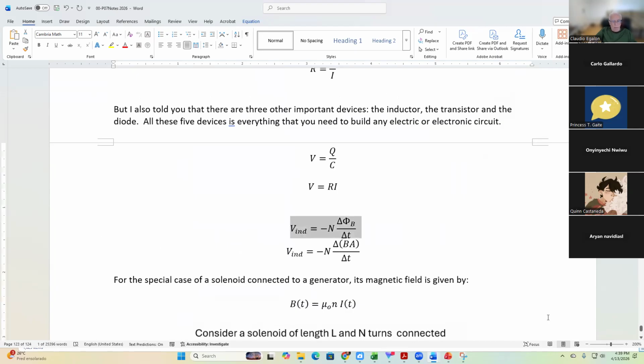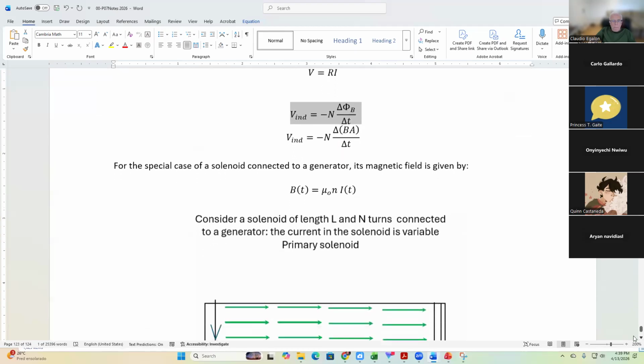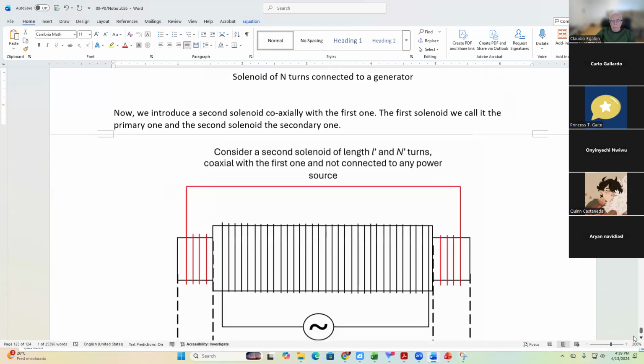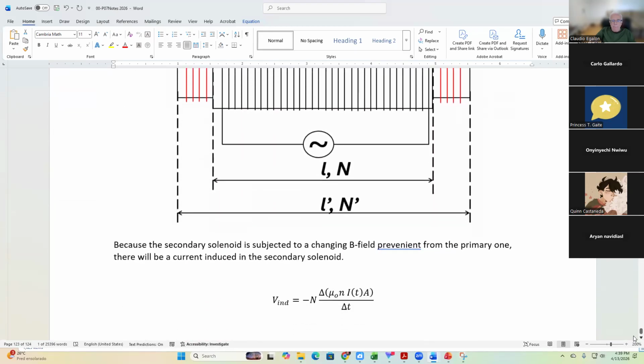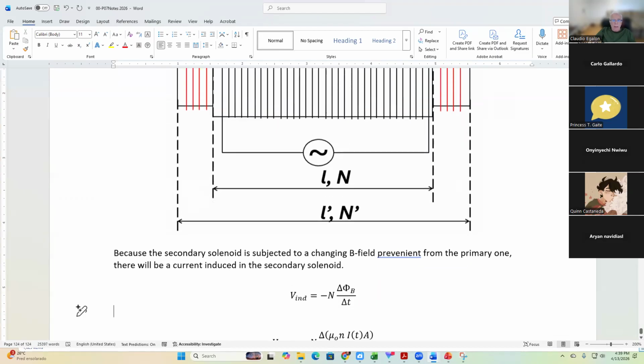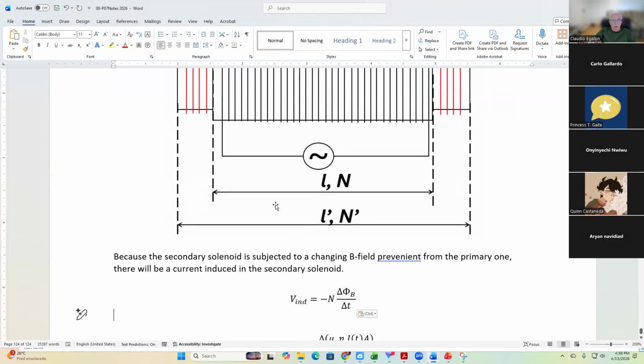The induced voltage right here. It is going to be the magnetic flux through the secondary solenoid. So instead of N, we are going to have N prime here.